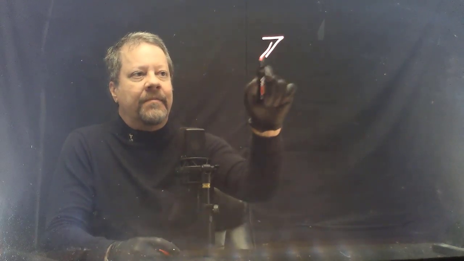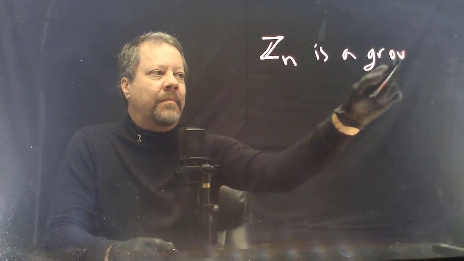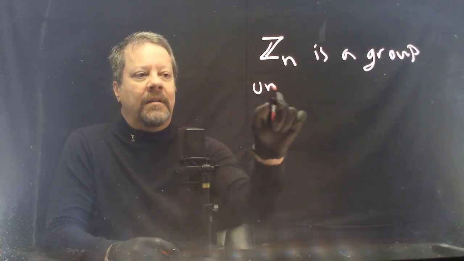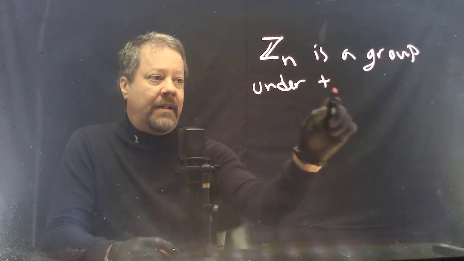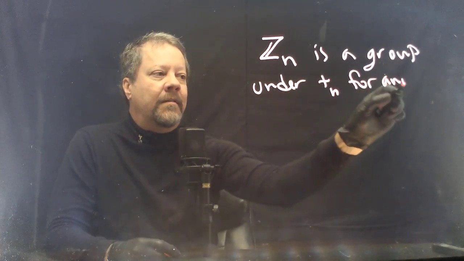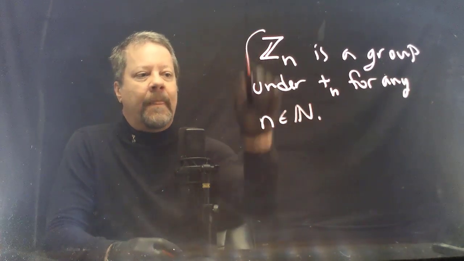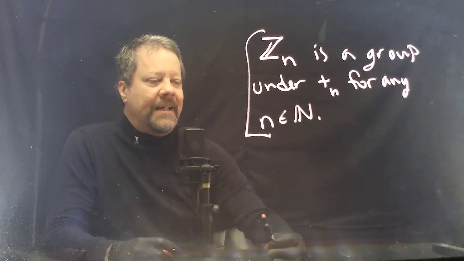We can do a lot of weird things with groups. First of all, note that Zn is a group under the operation addition mod n for any natural number n. So yes, it will be associative.